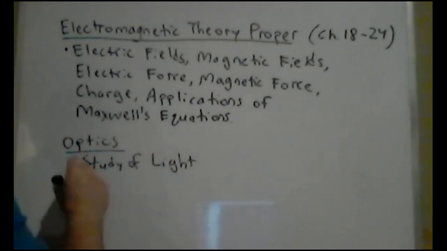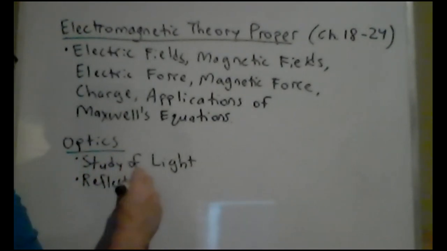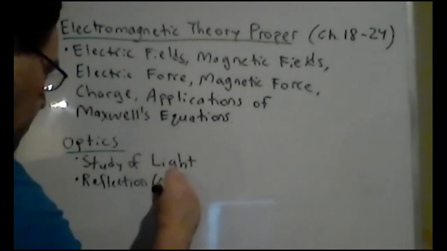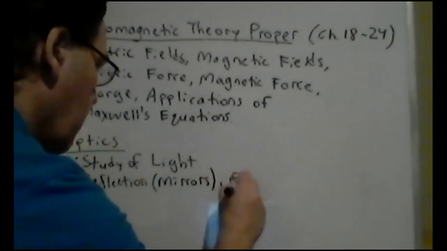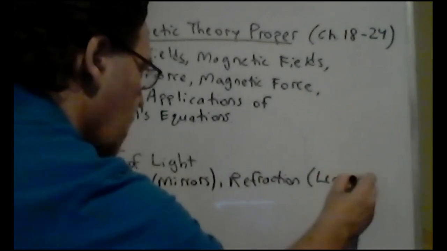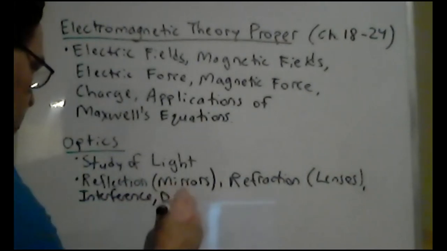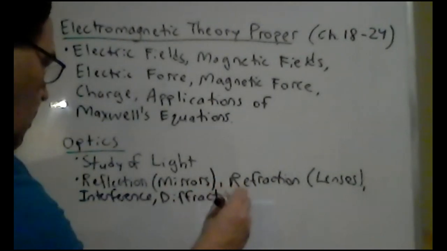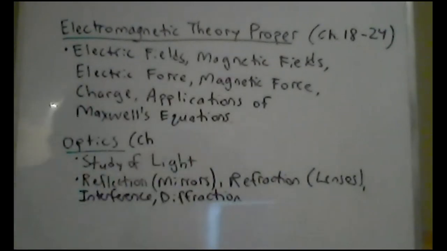That includes reflection and its main application, mirrors, refraction, lenses, and properties like interference, diffraction, and those chapters would be 25 through 27, so a relatively smaller section than we had before.